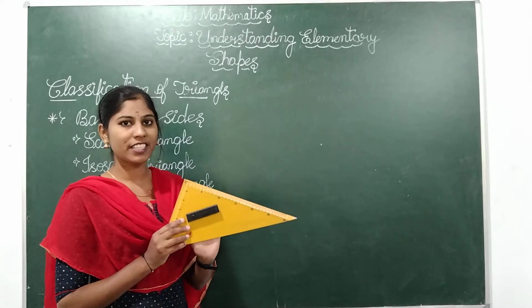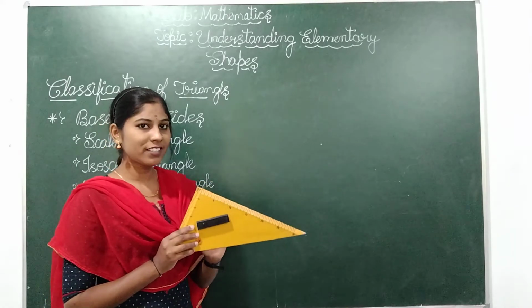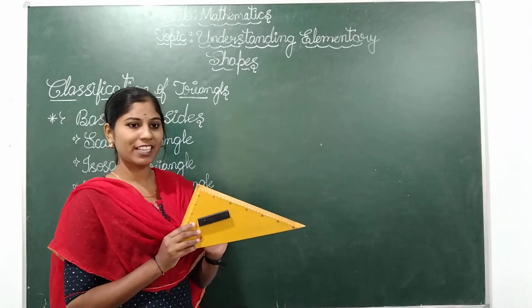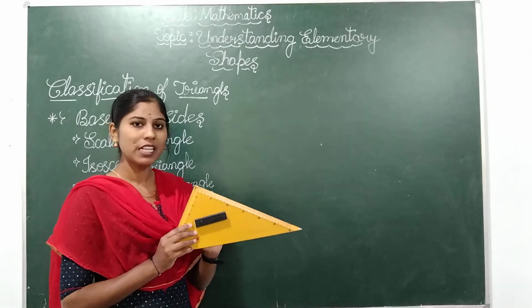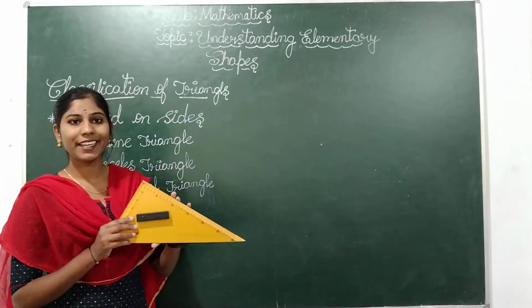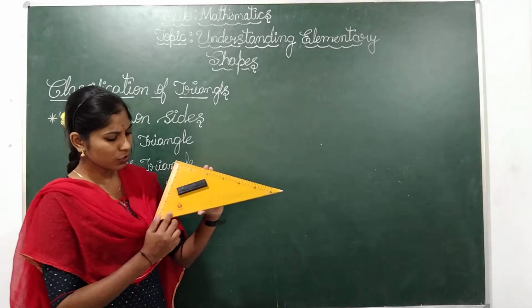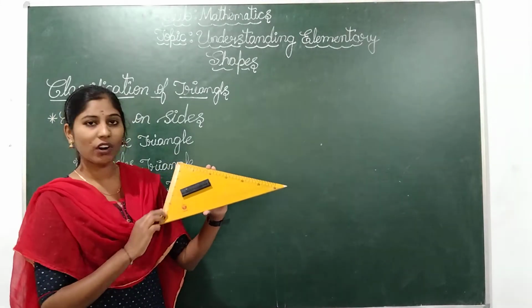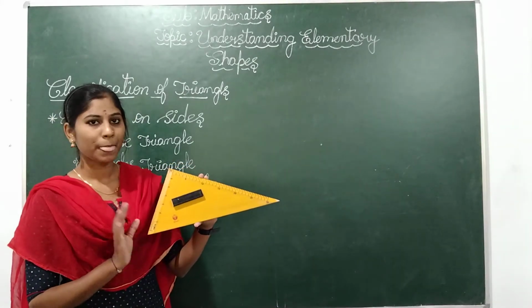So this is called a triangle. For this triangle, we are dividing the classification on the basis of the sides. What are the sides in this triangle? These three are called the sides of the triangle.